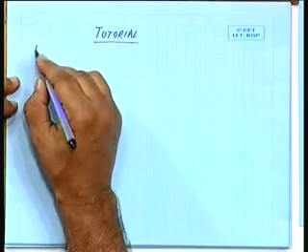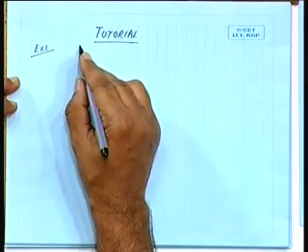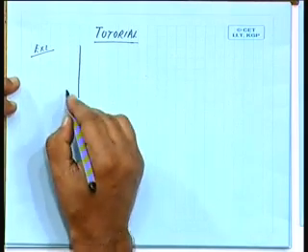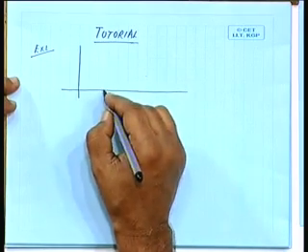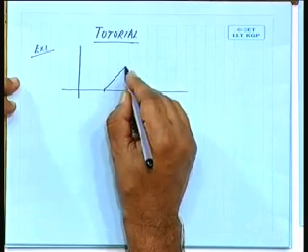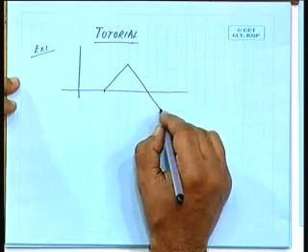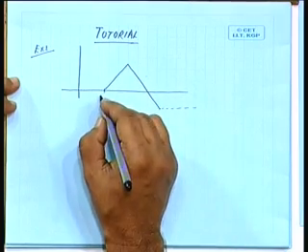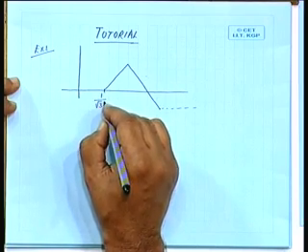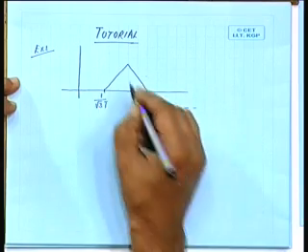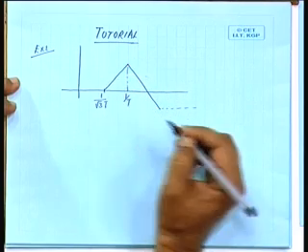The first problem is, given a Bode plot like this, this is 1 by root 3 t, this is 1 by t.